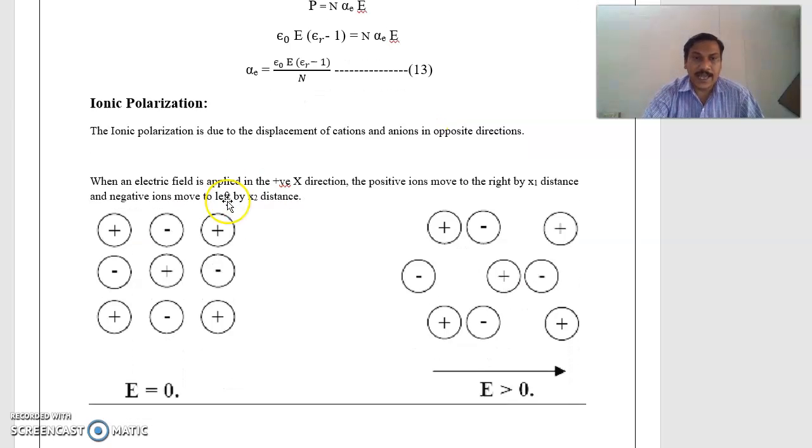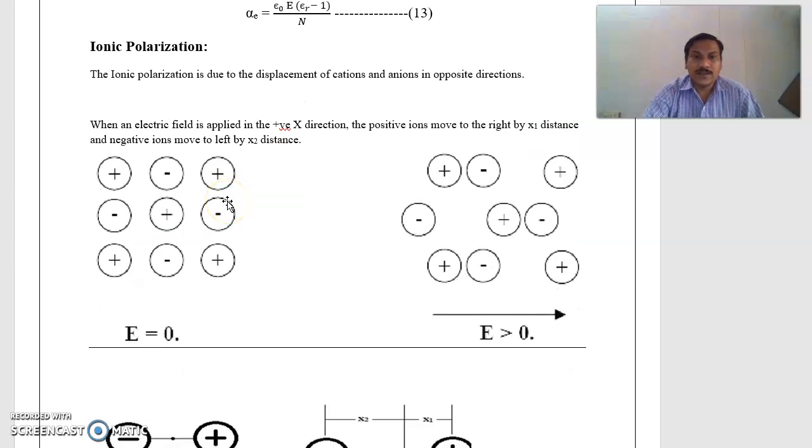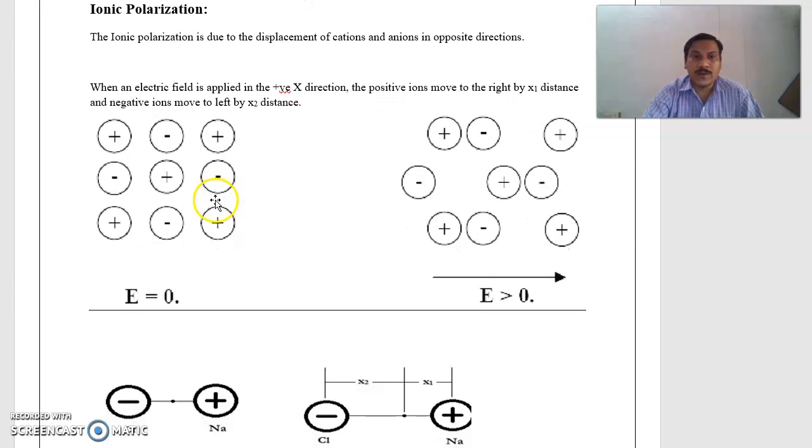Next, we discuss the ionic polarization. Some other types of materials are ionic materials, for example sodium chloride, which is an ionic dielectric material. The ionic polarization is due to the displacement of cations and anions in opposite directions.